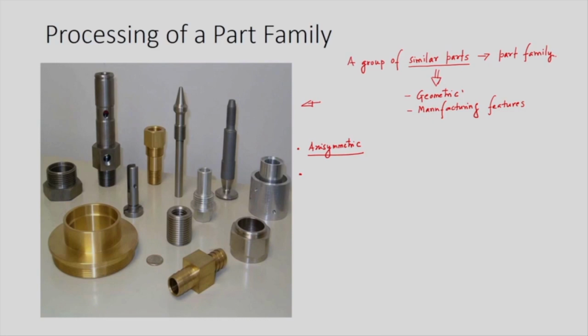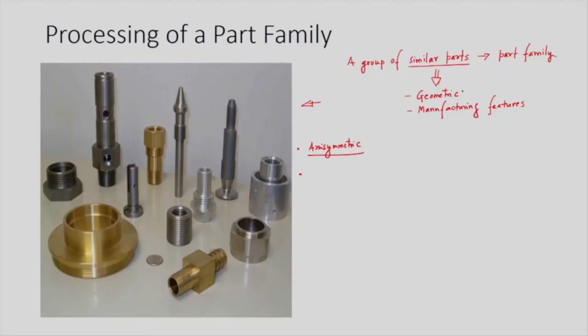Only thing, we have to reprogram the machine tool. So we have to change the program, we have to change the settings of the machine tool. So when a machine tool or an equipment has the capability of reprogramming, that kind of automated system is called a programmable automated system, and the entire process is called programmable automation.